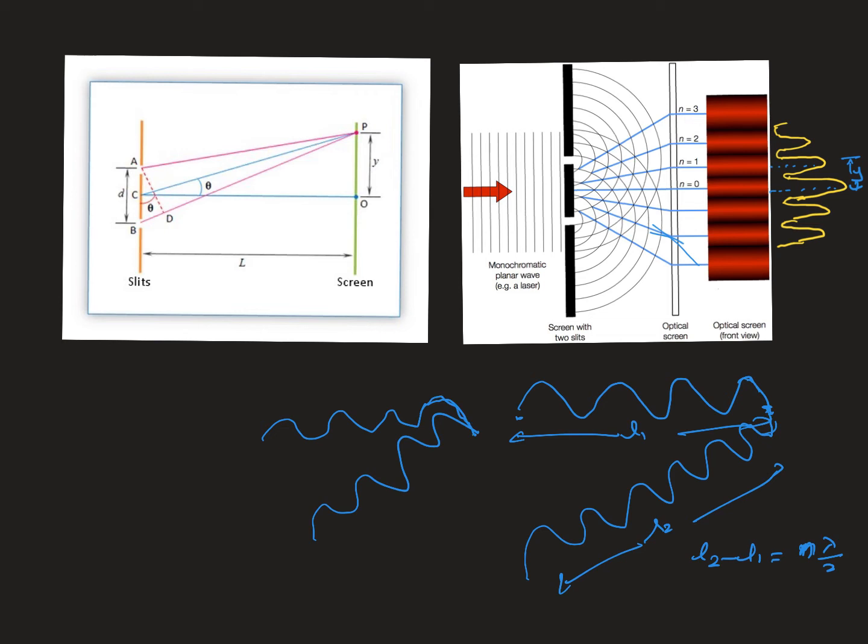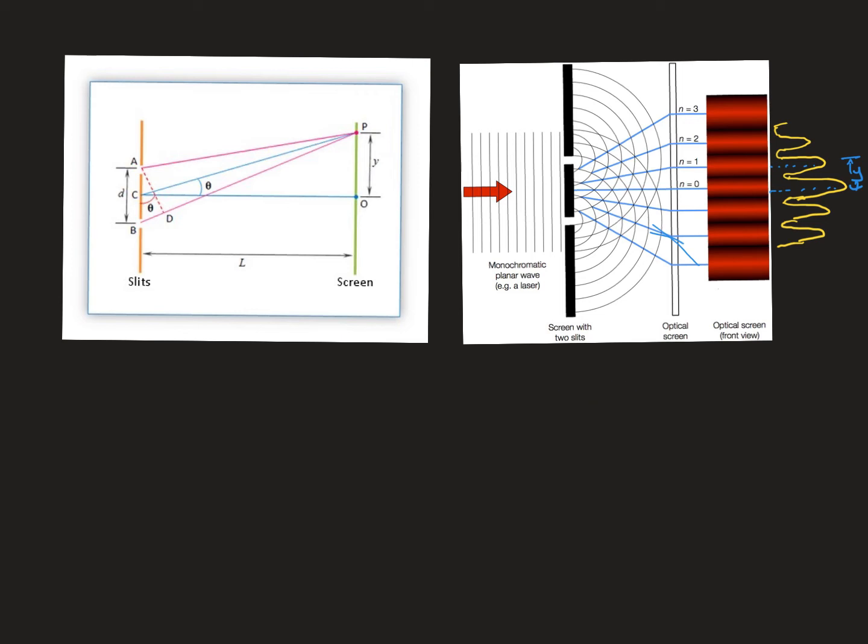So in that case, if this is L2 and this is L1, L2 minus L1 is equal to n lambda, because it should be a multiple of lambda. It could be 0, which means both waves have the same path length. And if it is 1, the difference between the path lengths is 1 lambda.